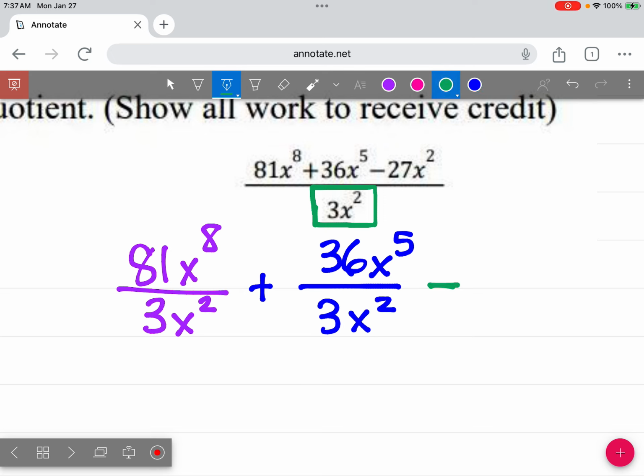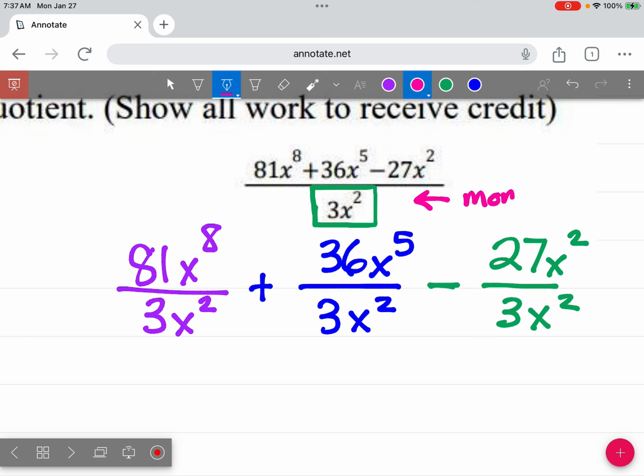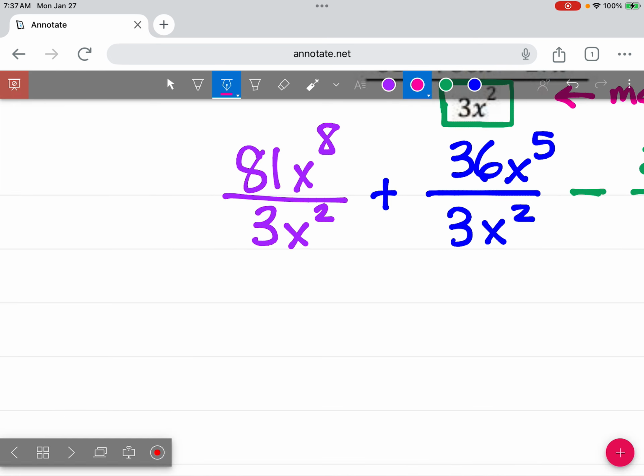And then we have our minus sign, and we're going to have our 27x squared over the 3x squared. So whenever we're dividing by a monomial, that's what this guy is. He is a monomial. We're going to split it up into separate fractions so we can simplify each one individually.